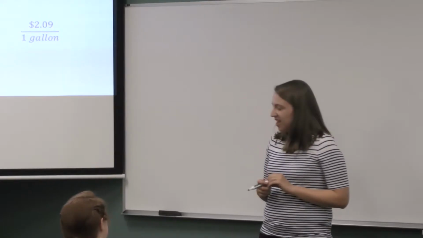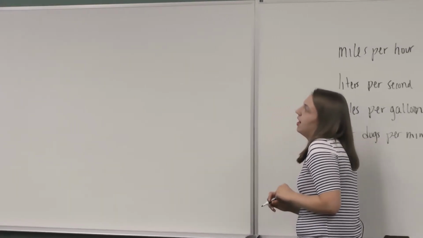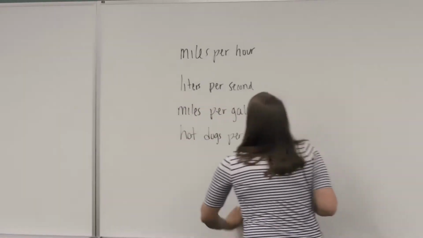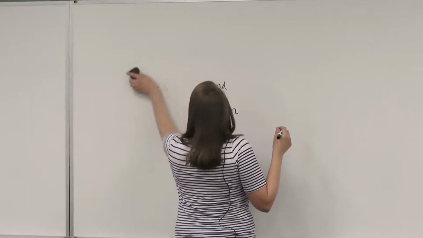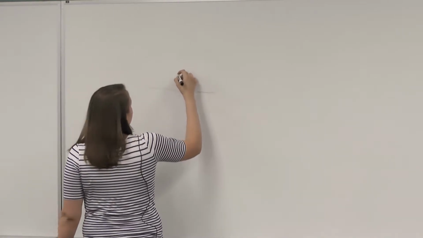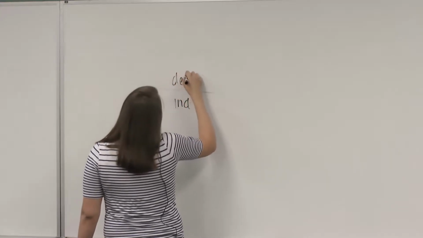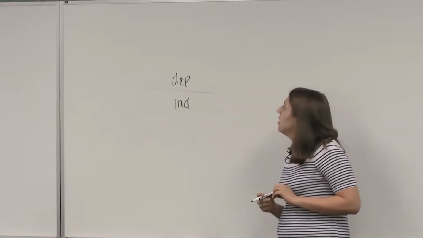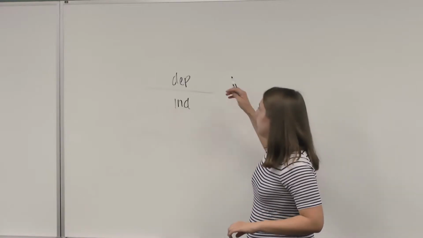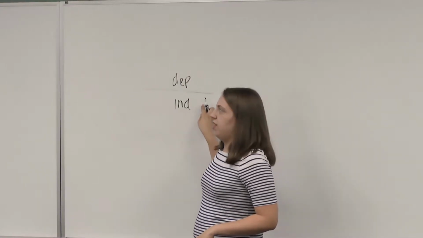Right, so our denominator has our independent variable, and our numerator has our dependent variable. Notice that in each of these situations, as Anne said, our independent variable is in our denominator and our dependent variable is in our numerator. So we're always comparing some unit that depends on this other unit that is, I guess, more consistent.